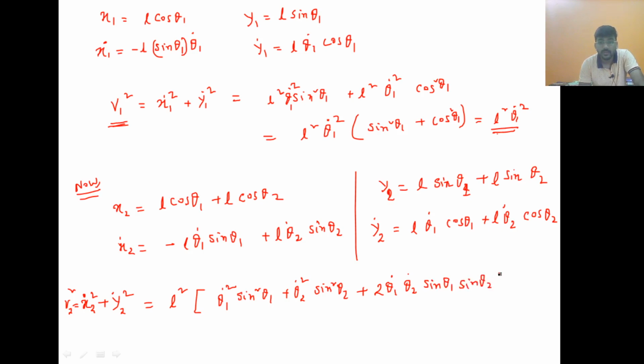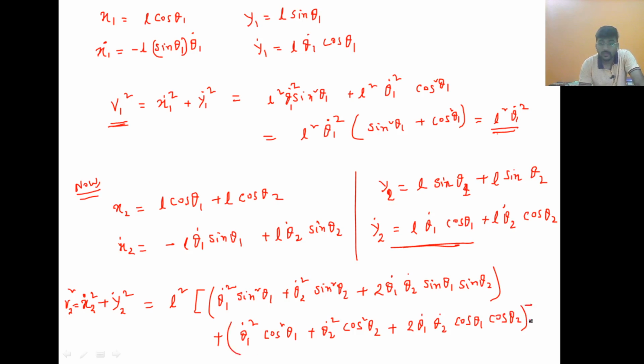So this is x2 dot square. Now, y2 dot square will be also theta 1 dot square cos square theta 1 plus theta 2 dot square cos square theta 2 plus 2 theta 1 dot theta 2 dot into cos theta 1 into cos theta 2.